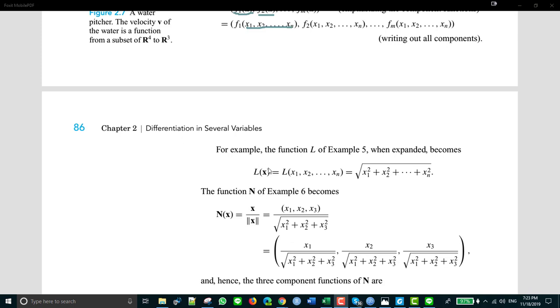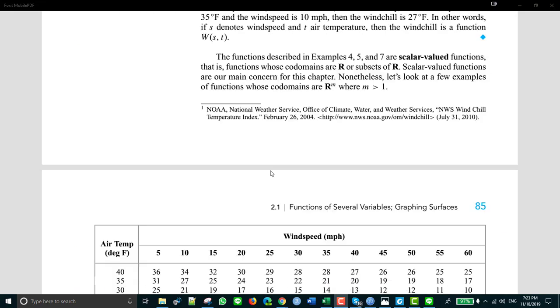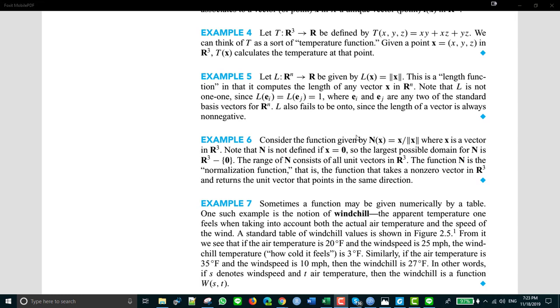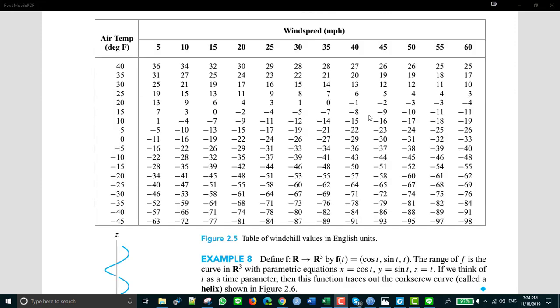Now she says, let's go back to the length function that we just looked at, and can we write it out in its components? Now the length function, we wrote it succinctly like this, just the norm of x. But we could also write it in terms of the components of x. Not the component functions, because there's only one function, but we could write it in terms of the components of x, the elements of x, I should say.